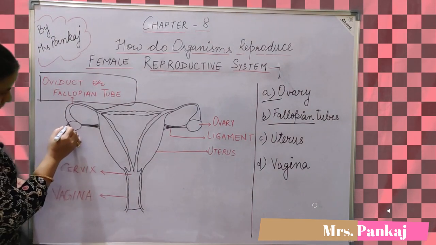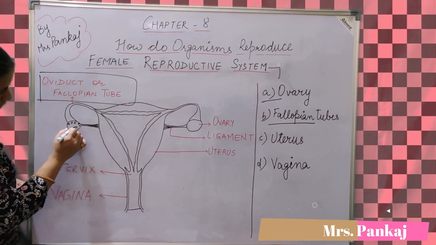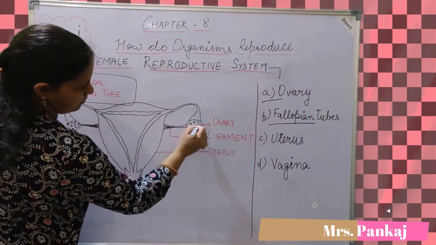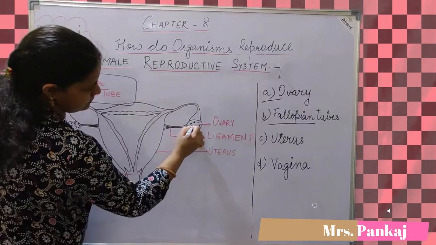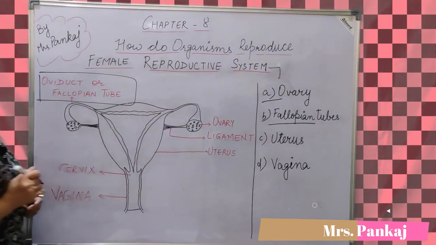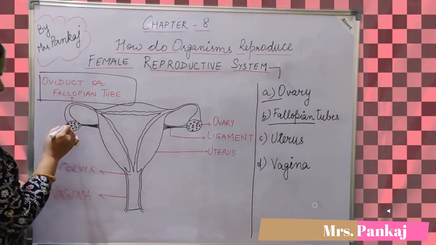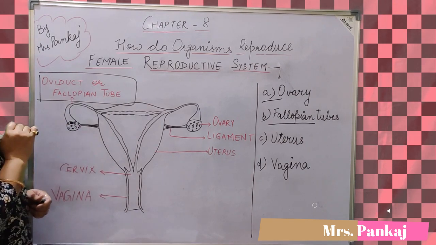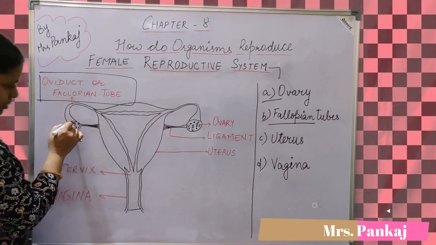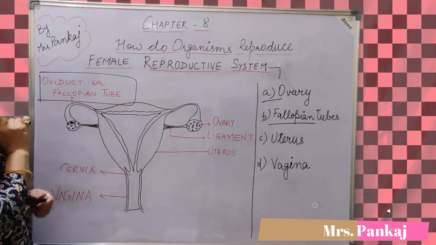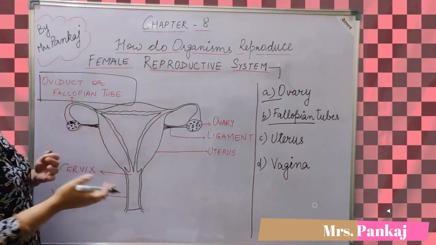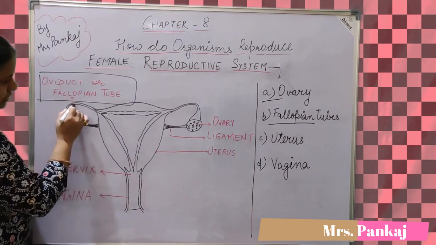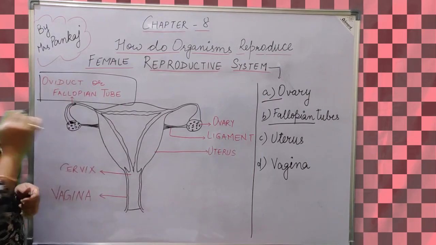Now see, I had earlier told you that ovary consists of immature follicles. Fine. Every month a single egg matures and starts moving inside the fallopian tube.